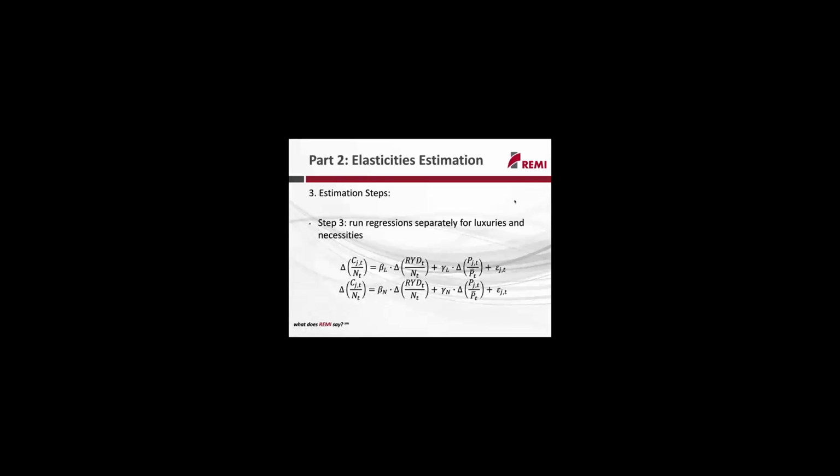So now we have 2 pools of commodities, luxuries and necessities. Now we can run the regressions again just for the 2 groups, and we can get the income and price elasticities for them.